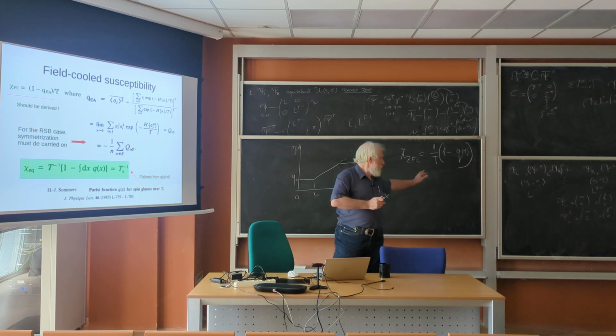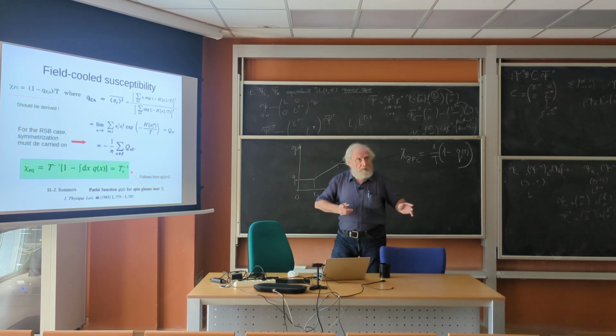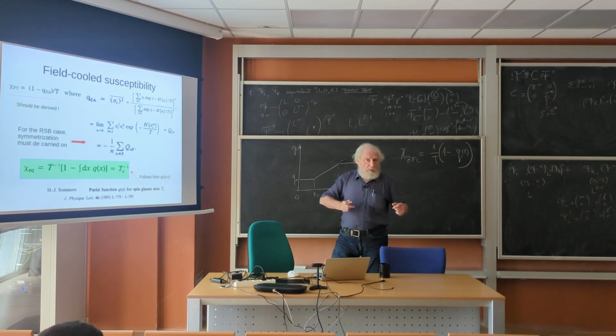In a zero-field-cooled experiment, we know only about the properties of some single minimum, and we don't know anything about others. In field-cooled, we know that there are many solutions, and during cooling, the system chooses some most appropriate one.